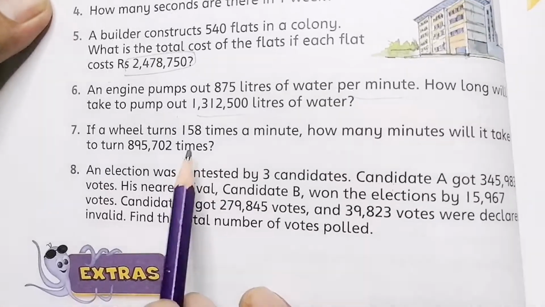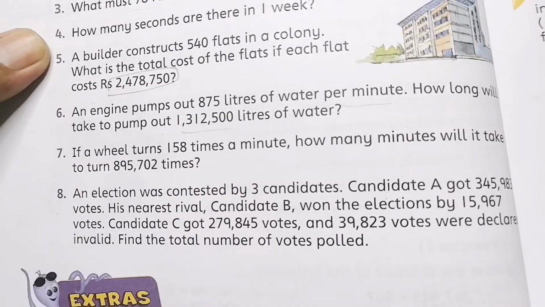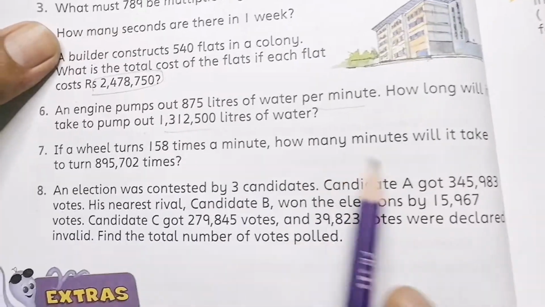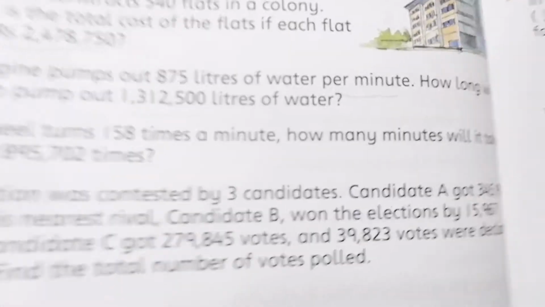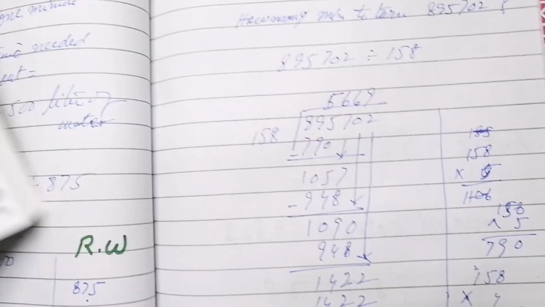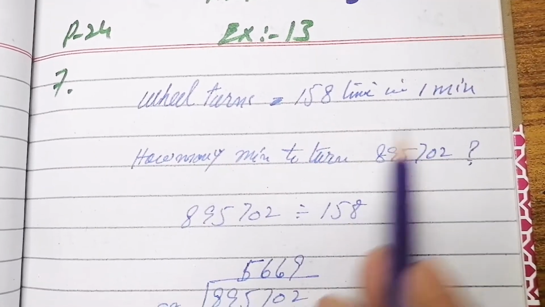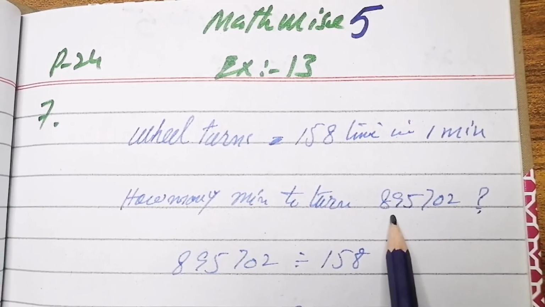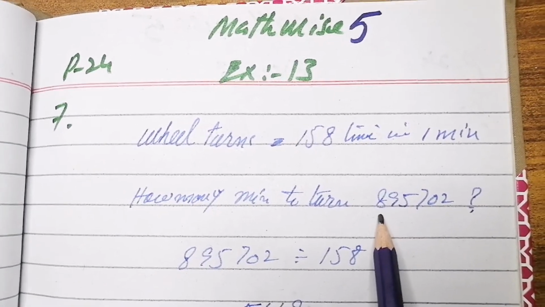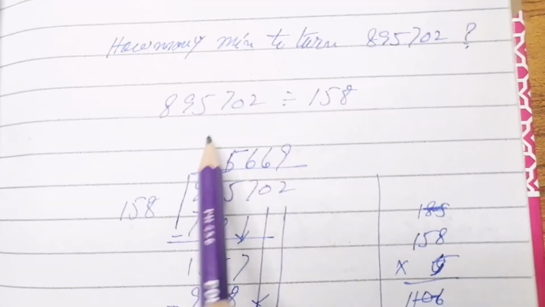Then question number 7, if a wheel turns 158 times a minute, right, how many minutes will it take to turn the wheel 8,95,702 times? So the wheel turns 158 times, and how many minutes do we require to turn the wheel 8,95,702 times, right?